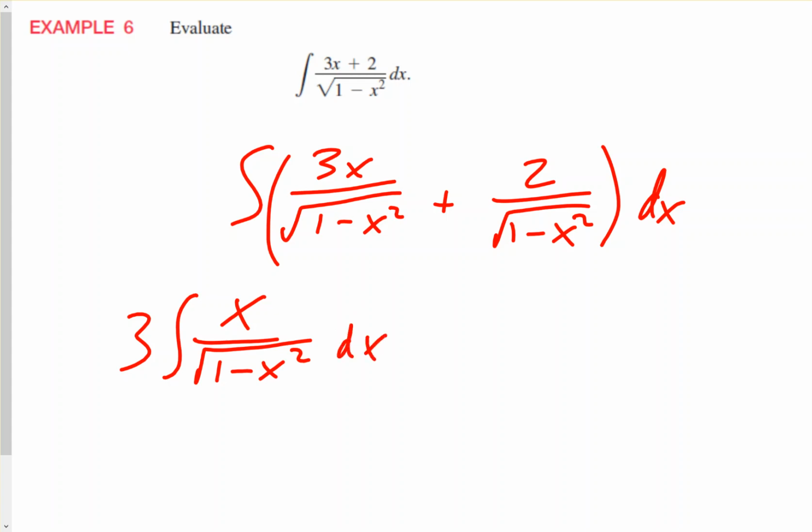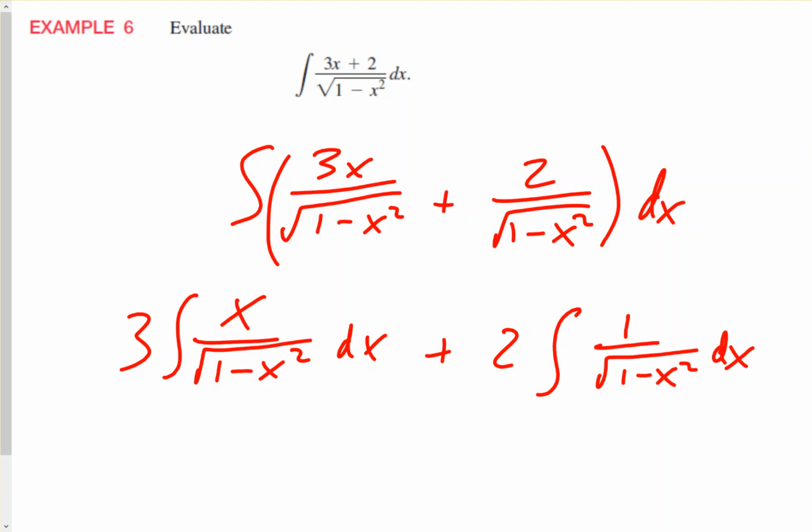I'll make it 2 integrals like this. And then this one will be 2 times the integral of 1 over the square root of 1 minus x squared. So let's take a look at the one on the left.